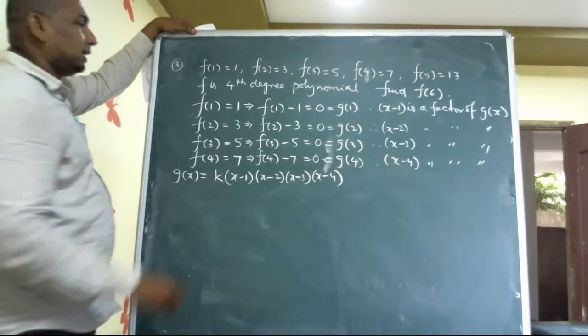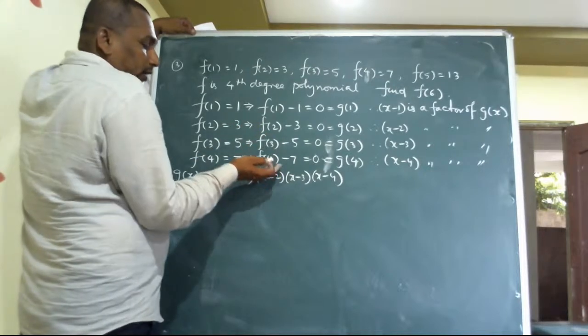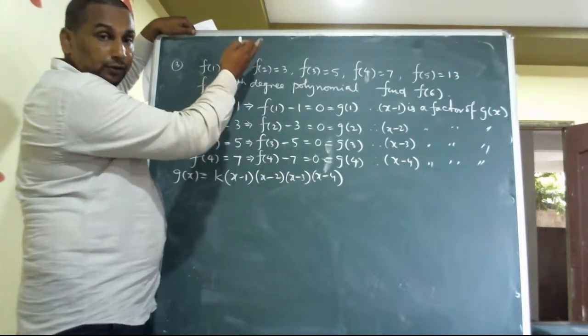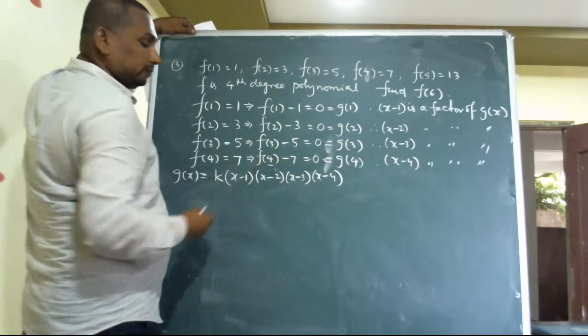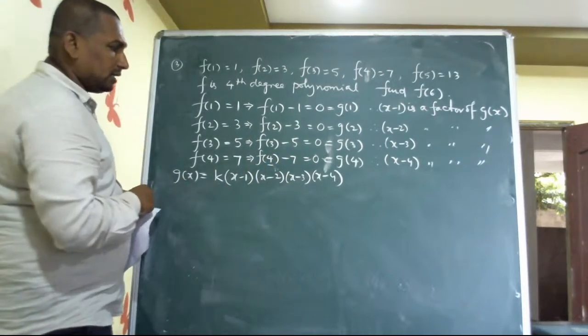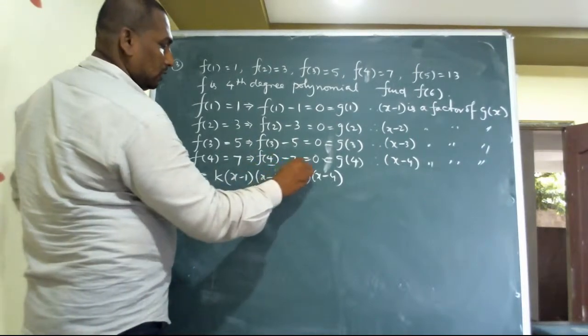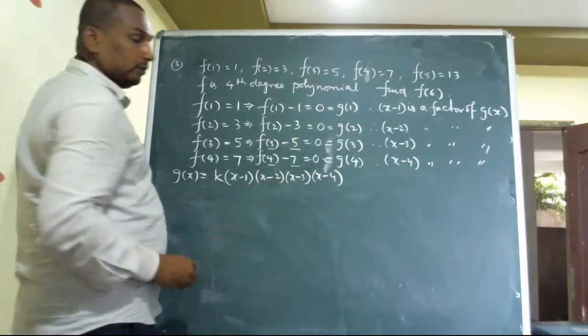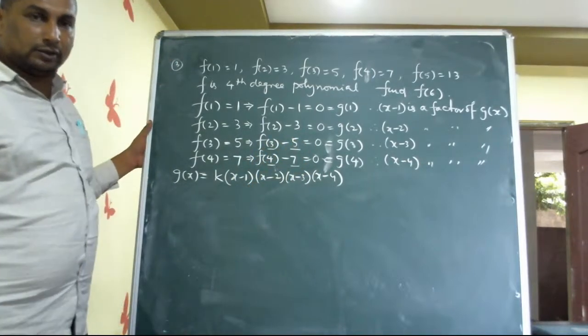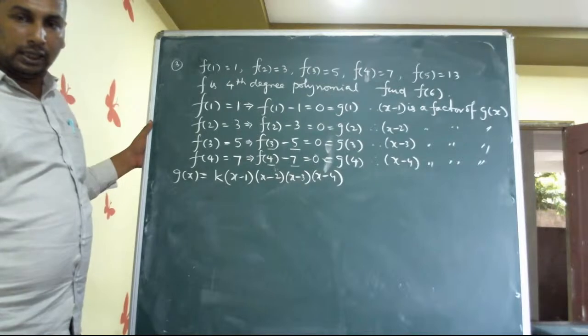If you observe particularly from bottom to top, if we observe 4, 7, 3, 5. So is there any relation?